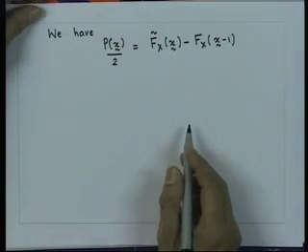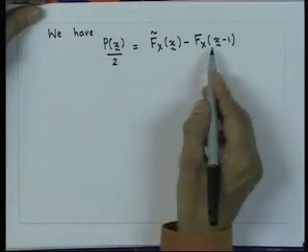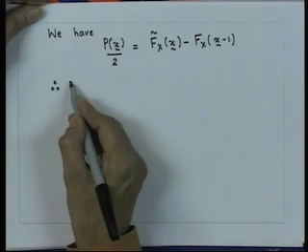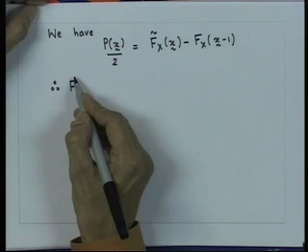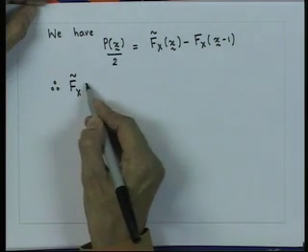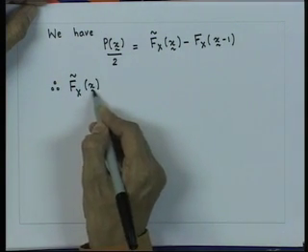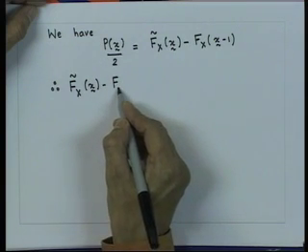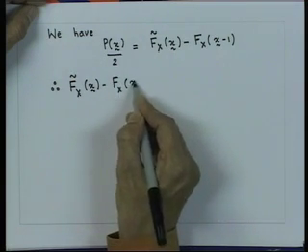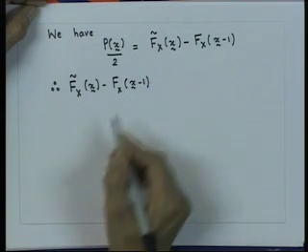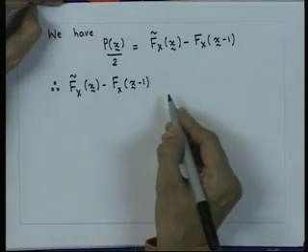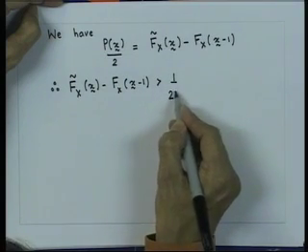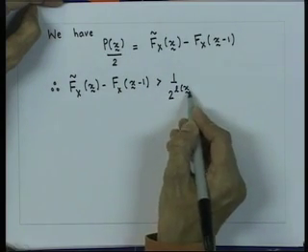So, from this we get, therefore, F tilde(x) minus F(x minus 1) is greater than 1 by 2 to the power L(x).